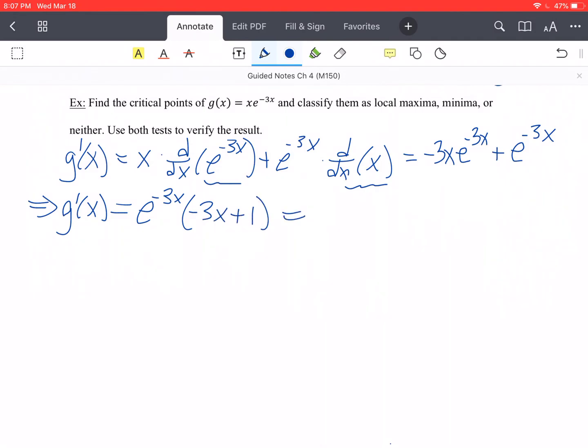And then to find the critical points, we're going to set this equal to 0. Okay, so when we set this equal to 0, we get two cases. We get e to the negative 3x equals 0, or negative 3x plus 1 equals 0.